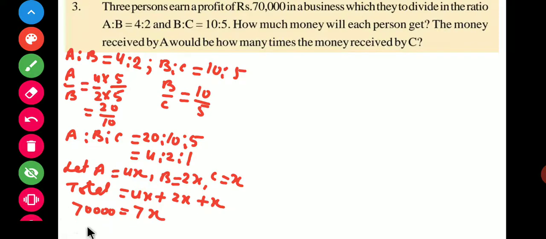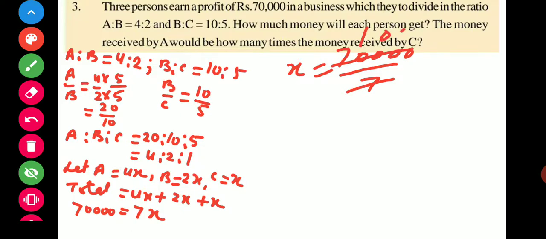So we can find the value of x. How can we find the value of x? x is equal to 70,000 divided by 7. So it becomes 10,000.